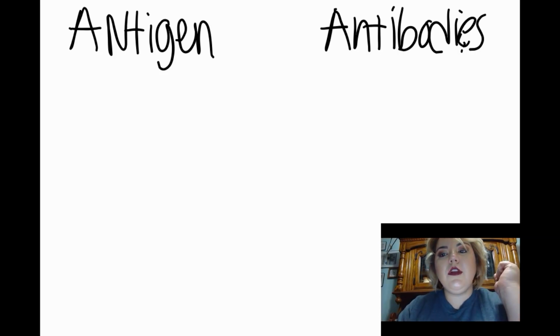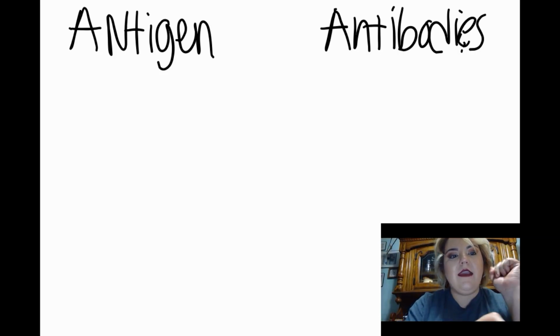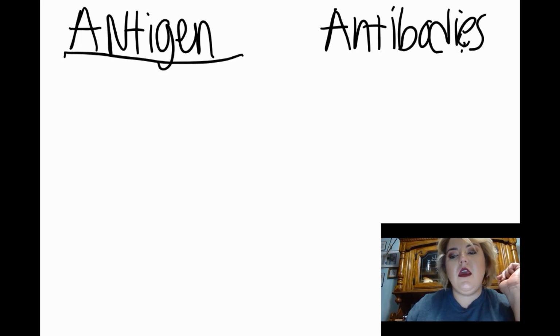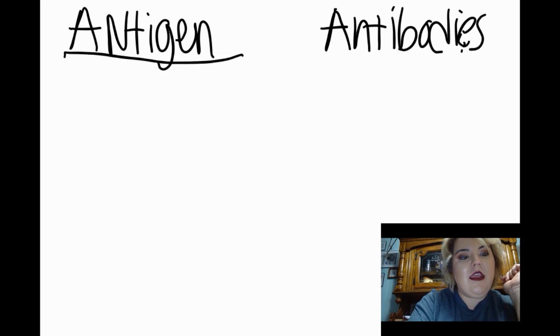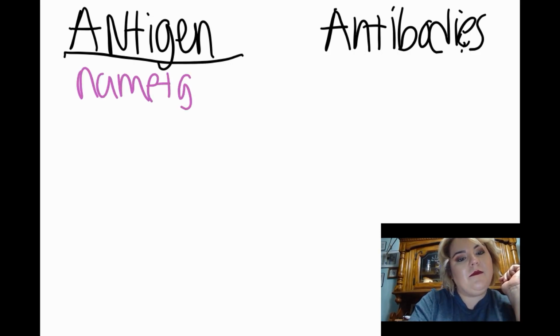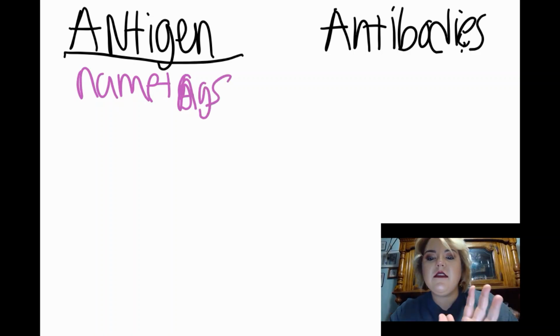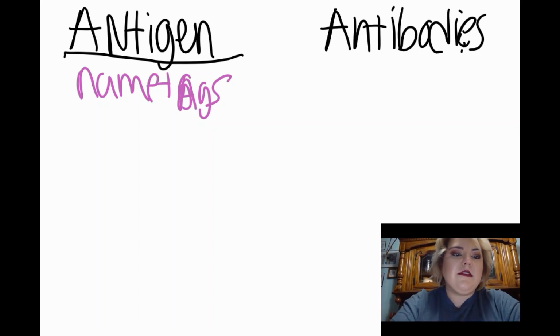Well, first we're going to talk about antigens. So, antigens are the name tags that tell us what our blood type is. So, I guess we can look at it like this.